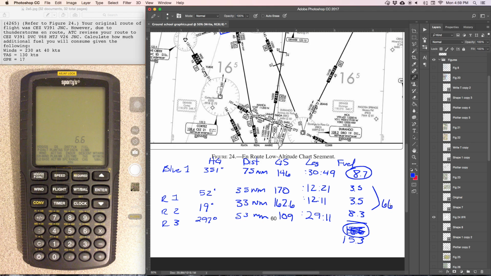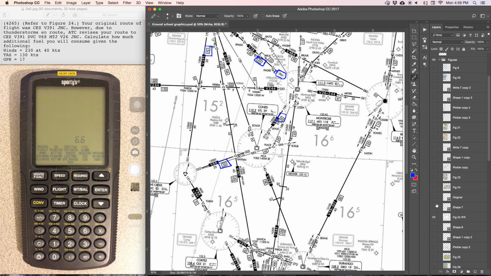So the difference between the blue route and red route is going to be 6.6 gallons.